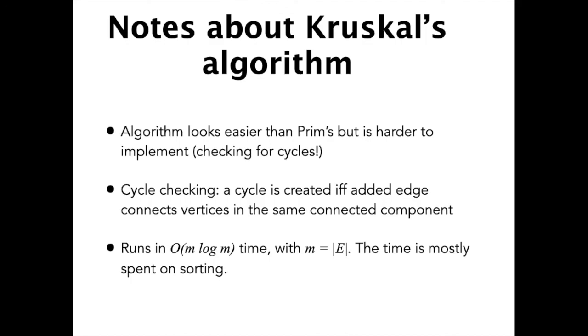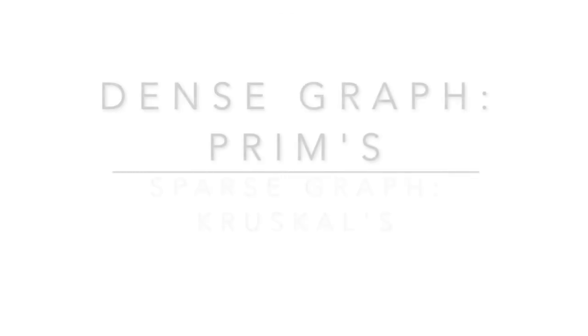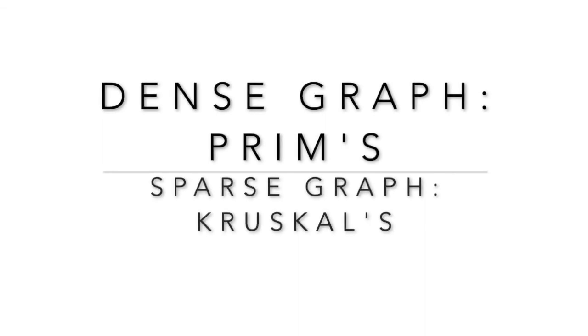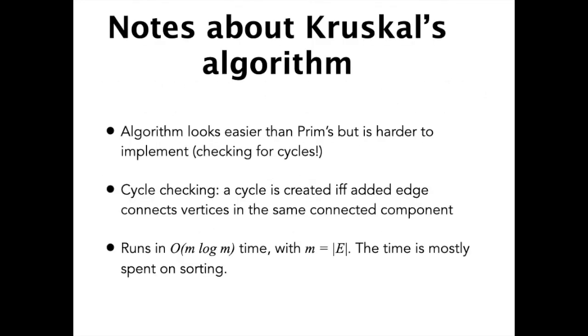So if we have a dense graph, it's better to use Prim's algorithm. If we have a sparse graph with fewer edges, then it's okay to use Kruskal's algorithm. Usually, the running time of Kruskal's algorithm is dependent on the total number of edges. So imagine if this is a complete graph, you will have n squared log n squared running time compared to n squared log n.